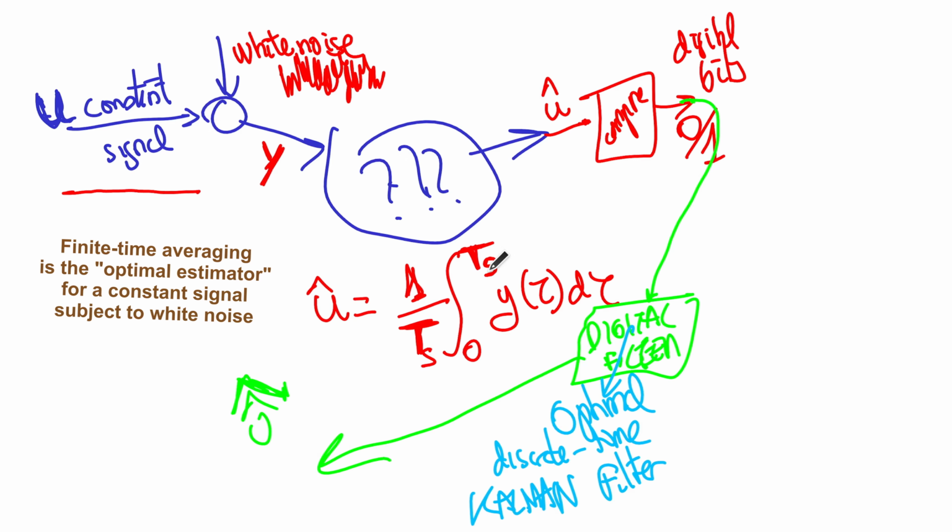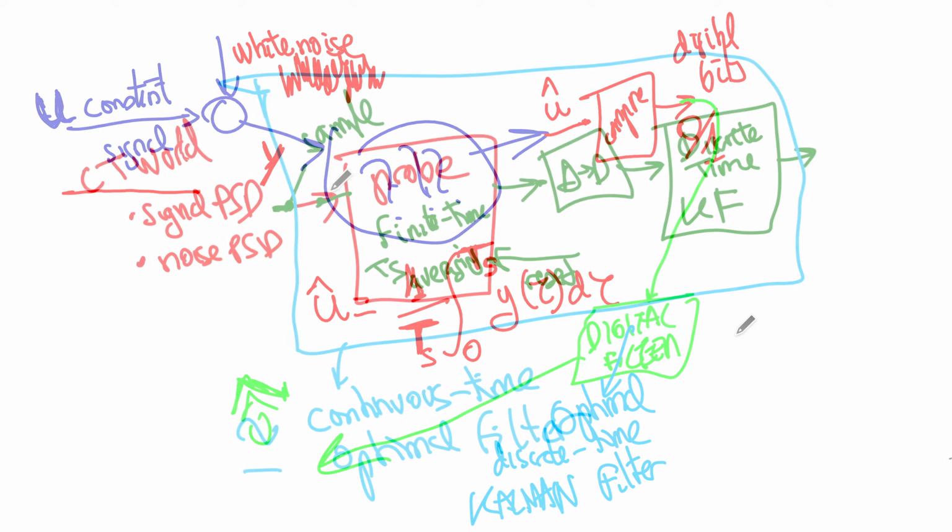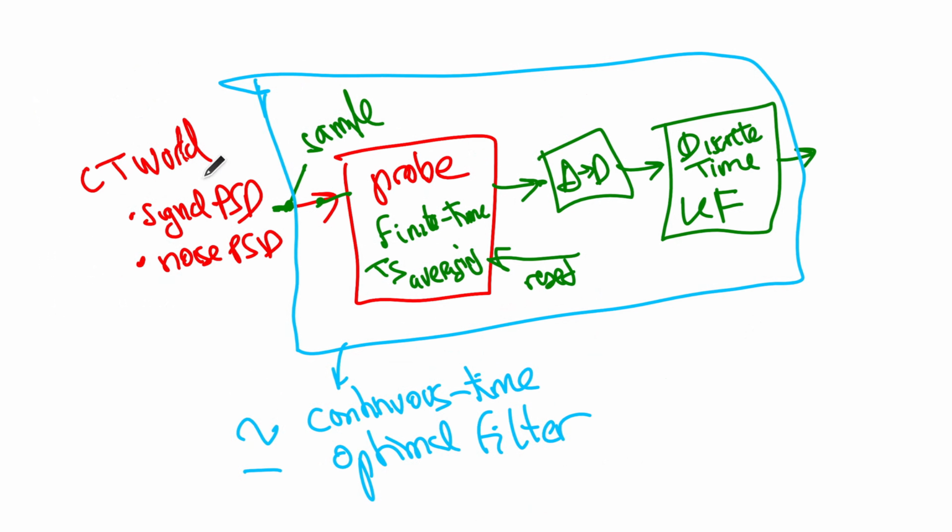But okay, that cannot be so long because physical signals will end up not being constant. So the idea would be having a continuous-time analog world with my signal and noise, and then my probe will have some sampling and holding and resetting electronics, whatever, and something close to the finite time averaging for a short, say, acquisition sampling period.